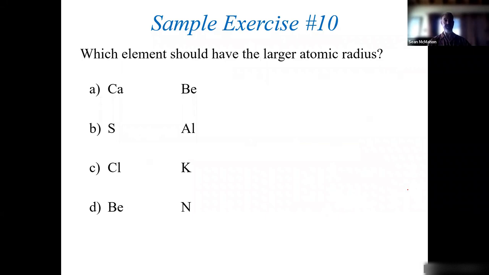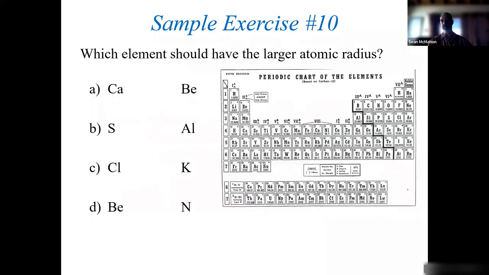So for sample exercise 10, which element is bigger? Well, let's use a periodic table, right? And if I'm comparing calcium with beryllium, they're both in the same group, 2A.